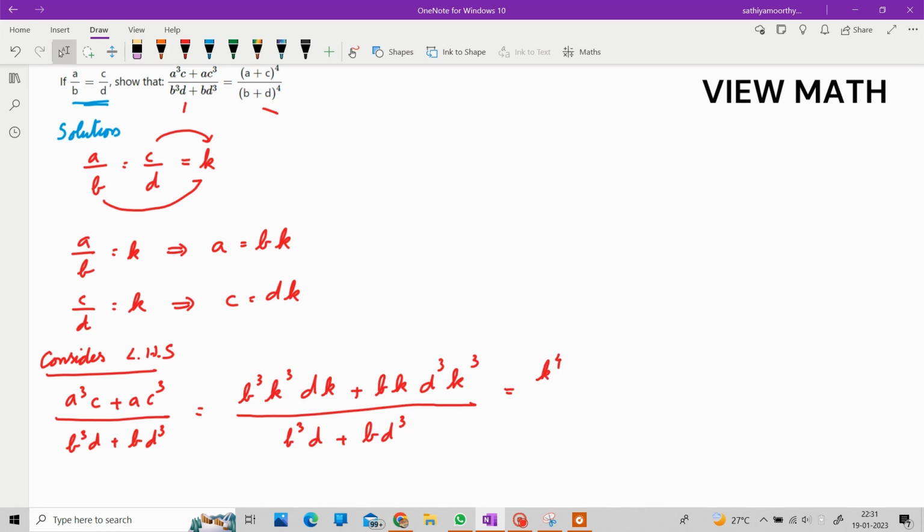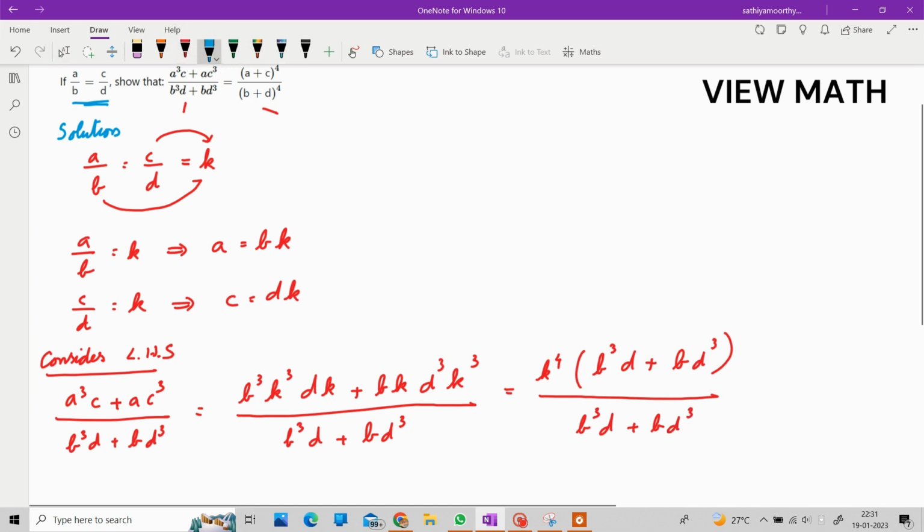I will be getting B cube D plus, the second term, BD cube, inside the bracket, divided by B cube D plus BD cube. Now I can see in the numerator and denominator B cube D plus BD cube is common, so I can cancel these two terms. I will be getting K power 4.